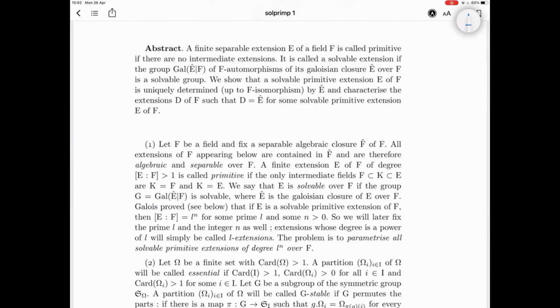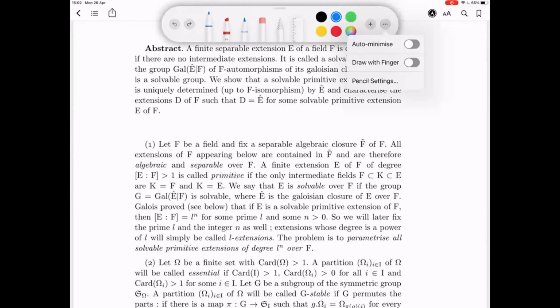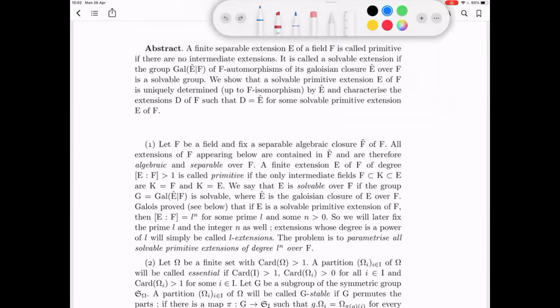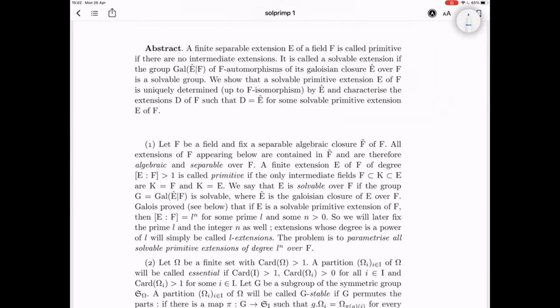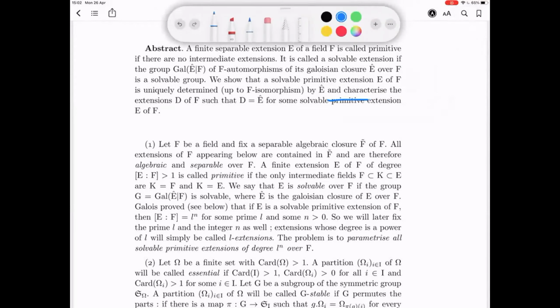We had called such extensions solvable extensions of degree P. So this word primitive is what we are going to look at today. Let's go slowly one by one.